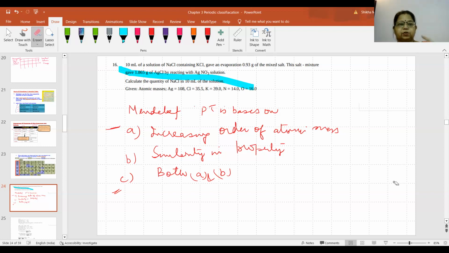See, don't ever get confused by the spelling of Mendeleev. Some people write Mendeleev with a V and some people write it with an F. Both spellings are correct.